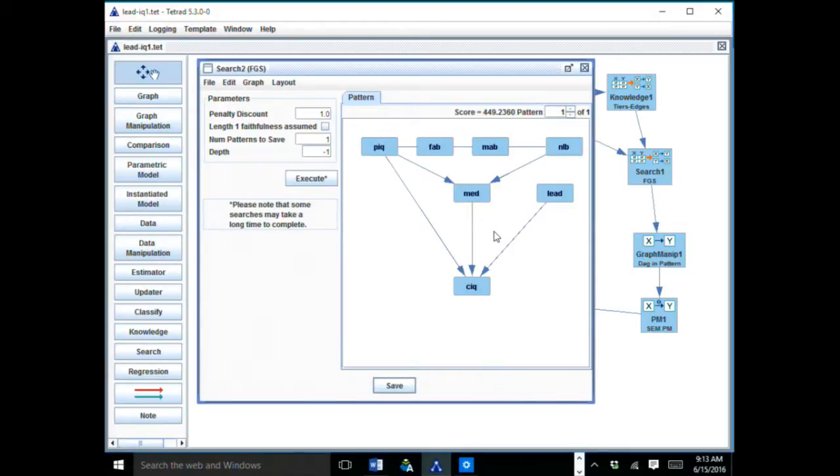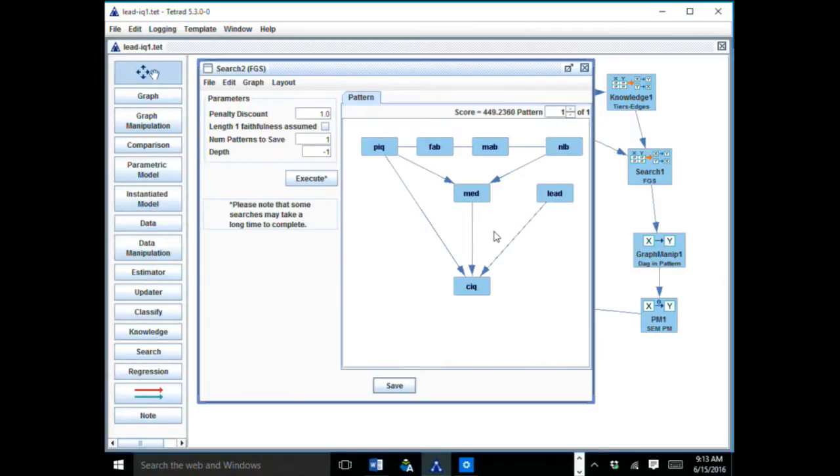And you can see that's a pattern, and the relationships between the parent's IQ and the father's age of birth, mother's age of birth, are unorientable in this particular search. But interestingly, the parent's IQ is affecting the mother's education, which sort of makes sense, and the number of live births is affecting the mother's education, which also makes sense, especially if that's a negative, because having more children would prevent you from doing more education.